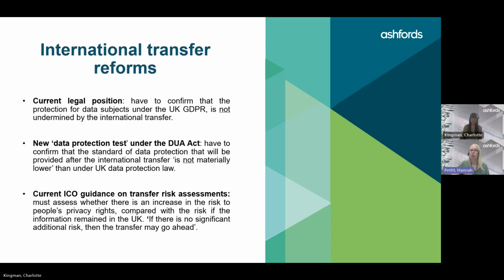But what the Act does do is it introduces the new data protection test. This is the test that's applied for assessing the standard of protection that will be afforded to personal data when it's exported overseas.